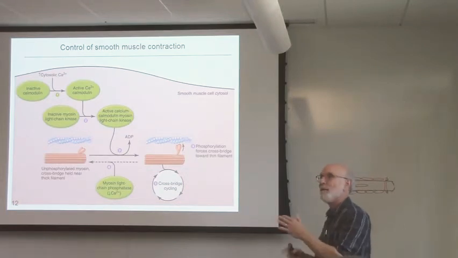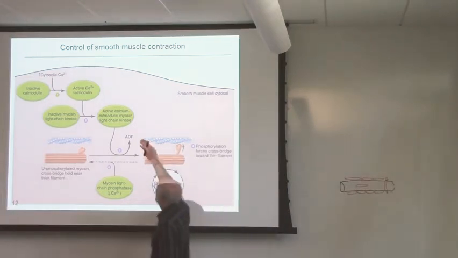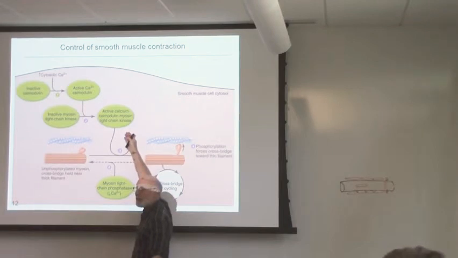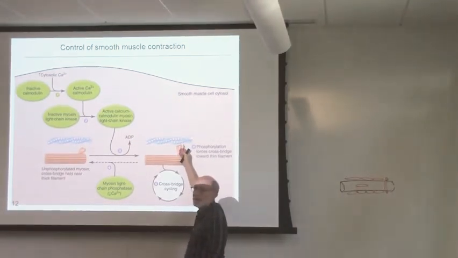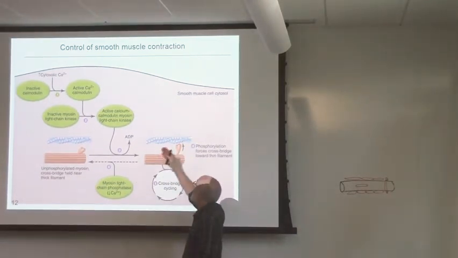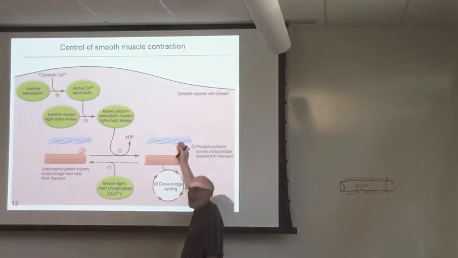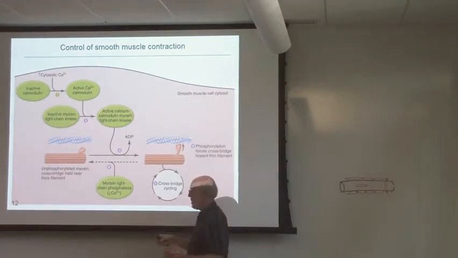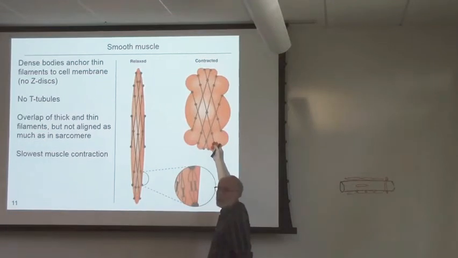Myosin light chain kinase phosphorylates myosin, and in smooth muscle, the phosphorylated myosin is what binds to actin. So the calcium and the phosphorylated myosin bind to actin, and now we do the cross-bridge cycling and the contraction of smooth muscle, turning it from this to this.